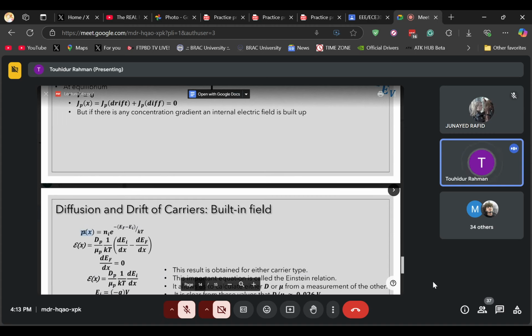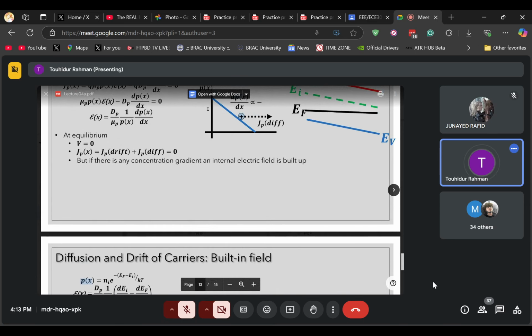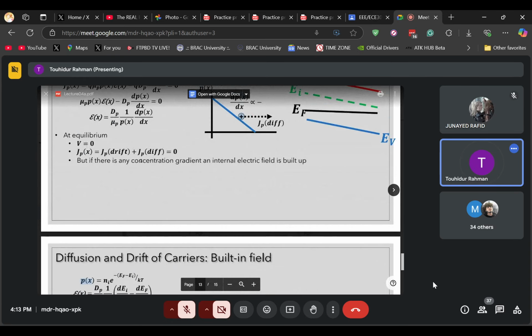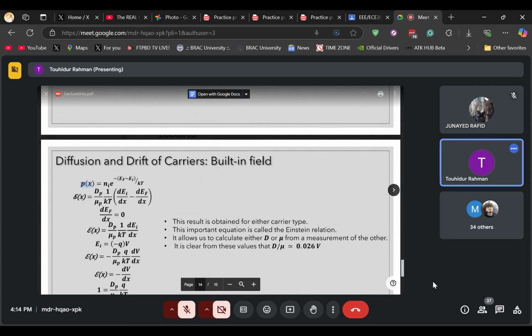When we call it p0, that means the same concentration everywhere. However, it is not the same concentration everywhere. So that's why we cannot write p0. That's why we have to write p(x). Okay. So if we replace the value of p(x) in this equation, you should get this expression.